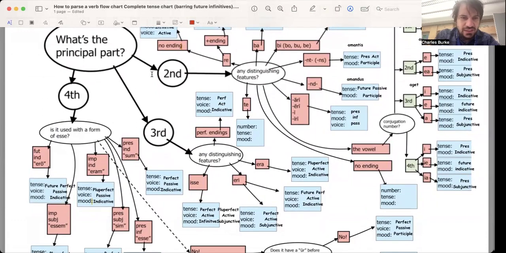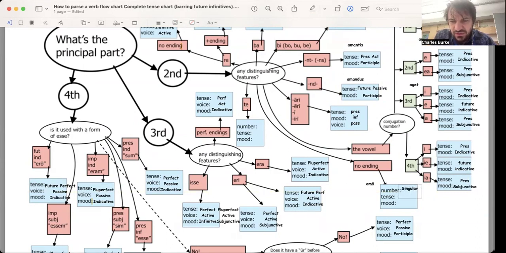So when it says no ending down here, that's the second principal part. Are there any distinguishing features? The distinguishing feature is no ending. So imagine amare, and then you took off the re and you just left it ama. Well, what you have here is actually a singular imperative. So that's why I'm saying number.